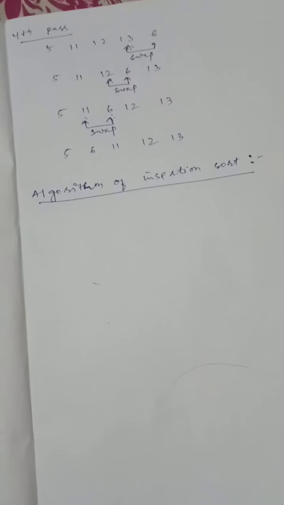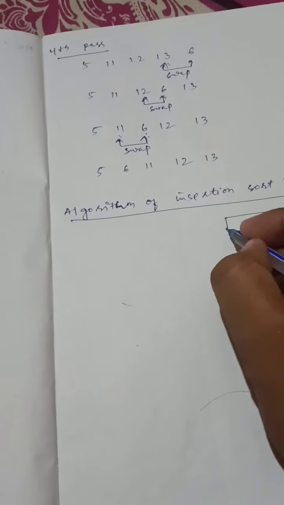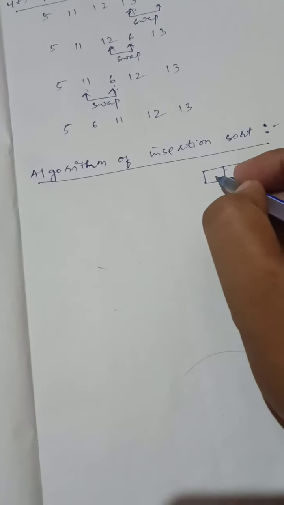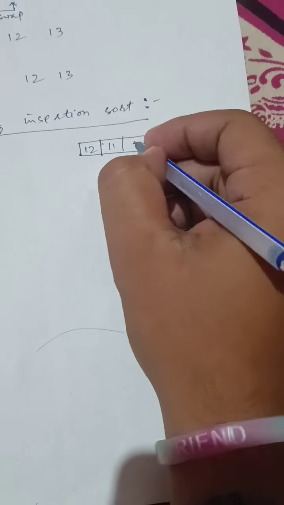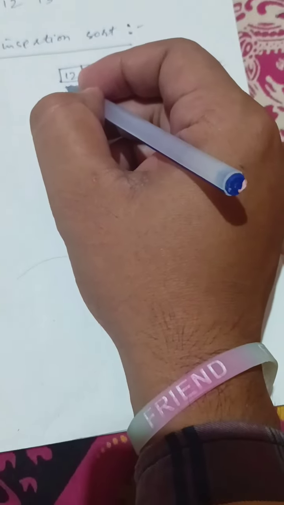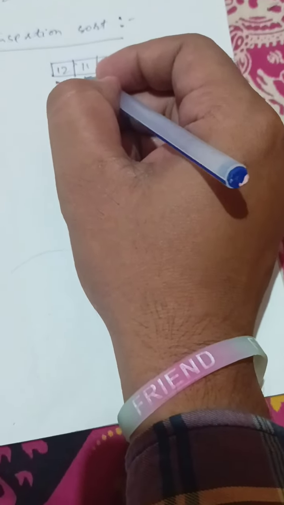Let's take the same array, and we have to write the algorithm for it: 12, 11, 5, 13, 6. Let's take these elements as I, and these elements as j.